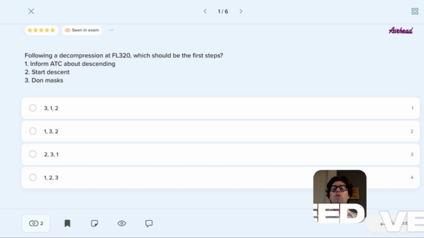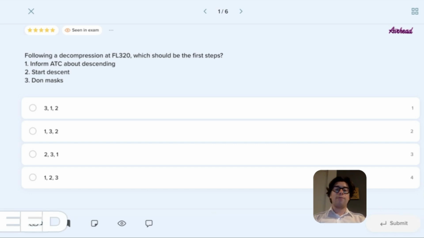So the priority is always to don the oxygen masks, which for the crew are pressurized, and then continue with the flight and follow the standard for any emergency really, which is aviate, navigate, and communicate.